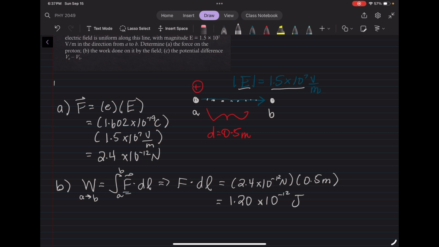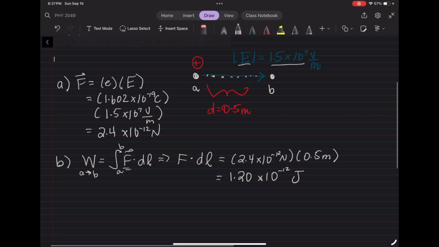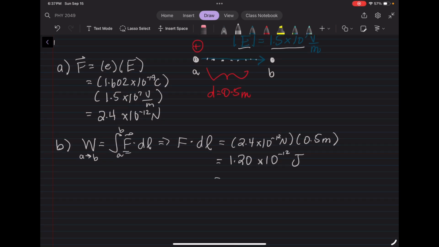And so just for fun, what if we wanted to express this in units of potential? Okay, eV, right? In units of eV. So what we would do to convert joules to eV is take the joules, and we know that 1 eV is 1.602 times 10 to the minus 19 joules.